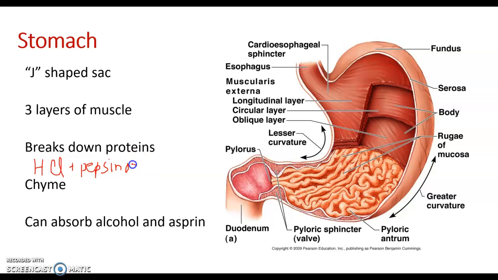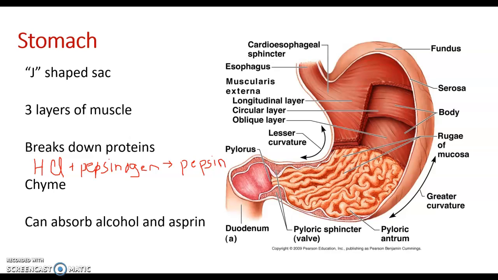And when those 2 things react together, when the stomach has secreted both hydrochloric acid and pepsinogen, it's going to make something called pepsin. And pepsin is what is capable of beginning to break down proteins, those chains of amino acids, down into individual amino acids. That requires that highly acidic environment, and that's why that has to happen here in the stomach.